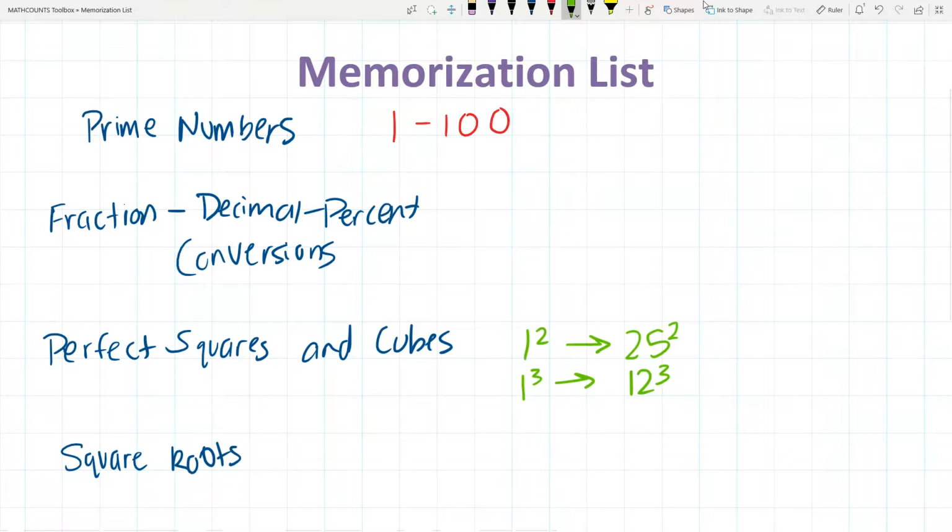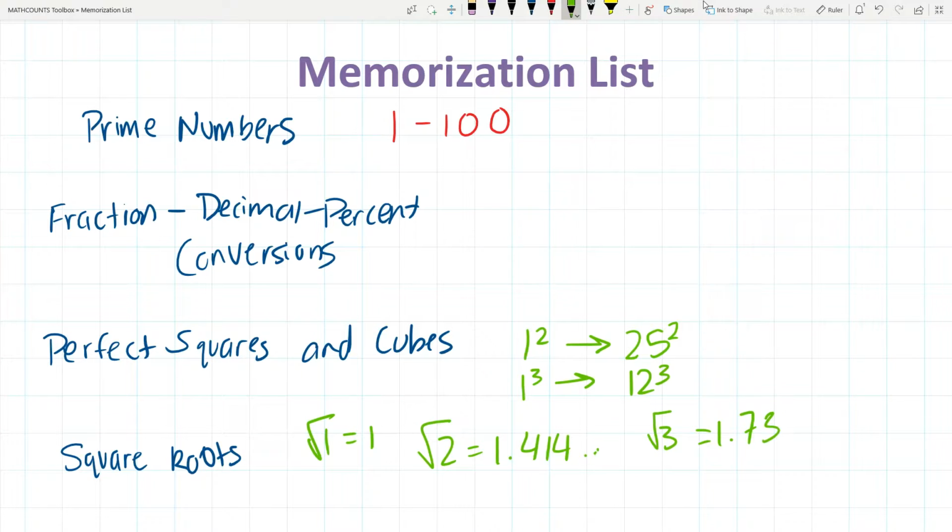For example, we know that the square root of 1 is equal to 1. You need to know that the square root of 2 is about 1.414, and that repeats. Square root of 3 is equal to 1.732. Square root of 4 is equal to 2.